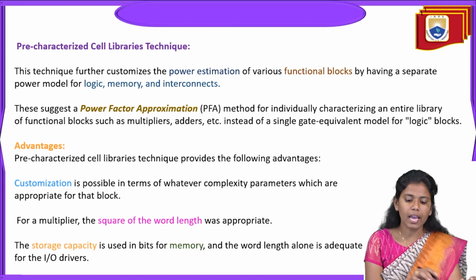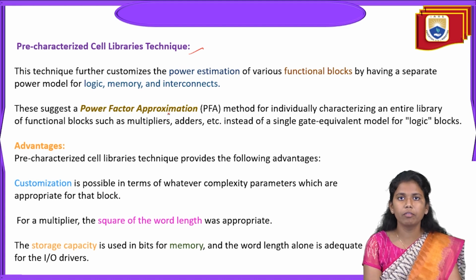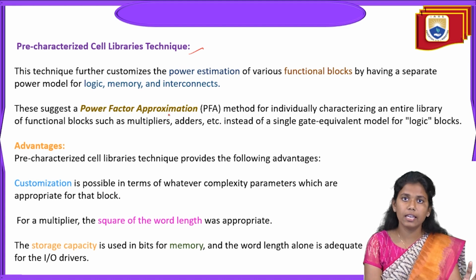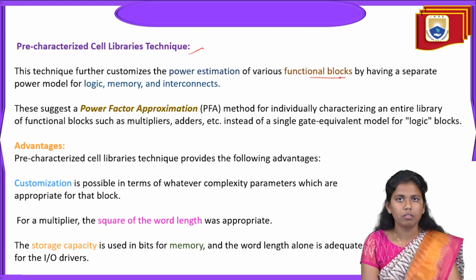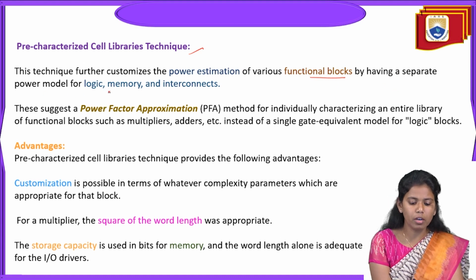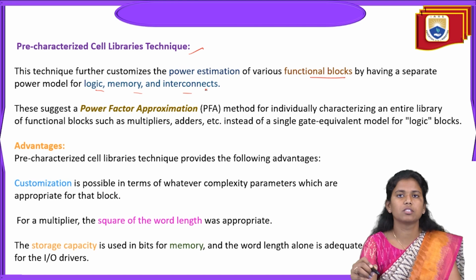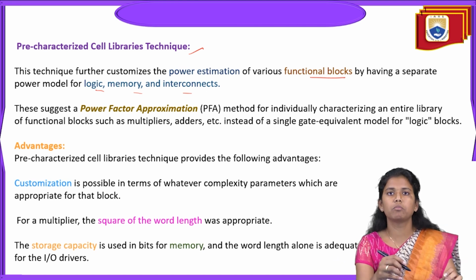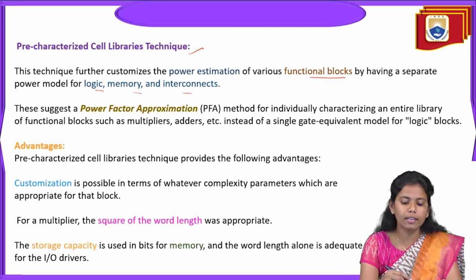It is a technique using pre-characterized cell libraries. This technique customizes the power estimation of various functional blocks by having a separate power model for logic, memory and interconnections. So it will have a separate power model. This is the pre-characterized cell libraries technique.